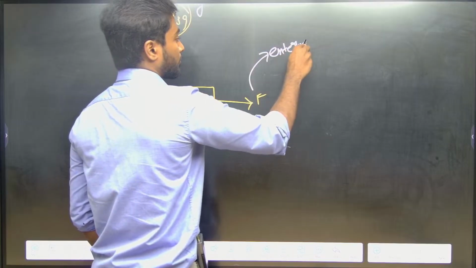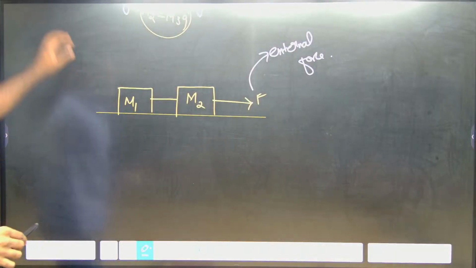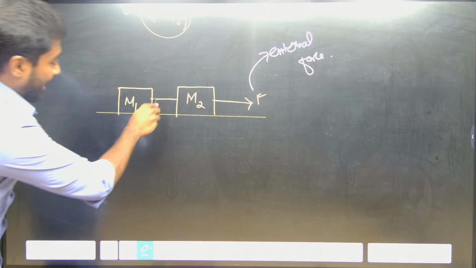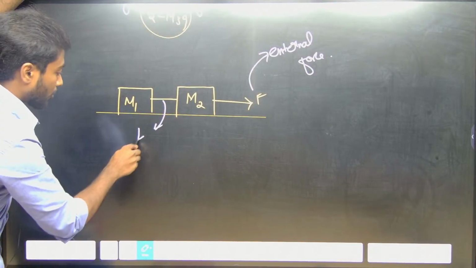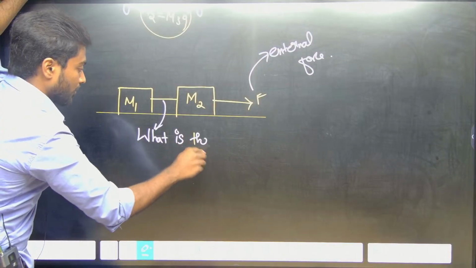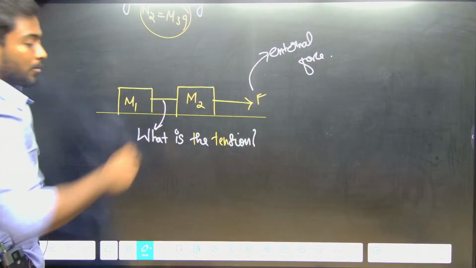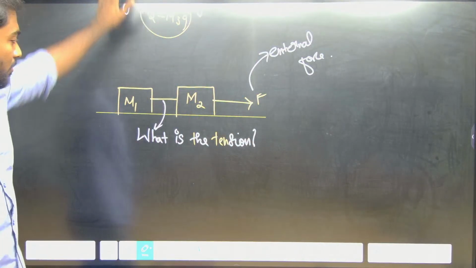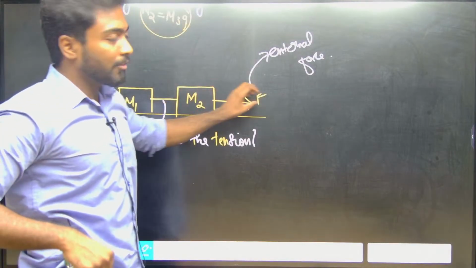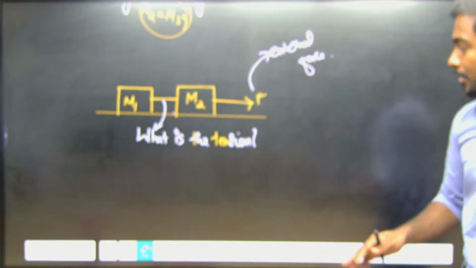Now I need to find what is the tension acting over here. How many ropes are there, sir? Only one rope, between M1 and M2. We are taking this one as a force applied. By hand also we can pull it.